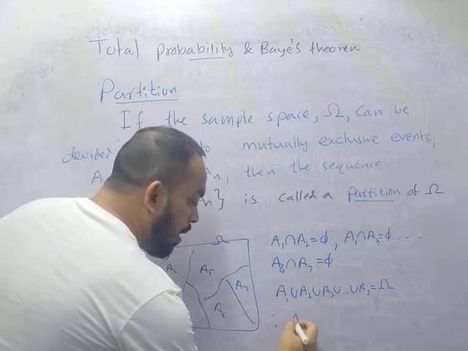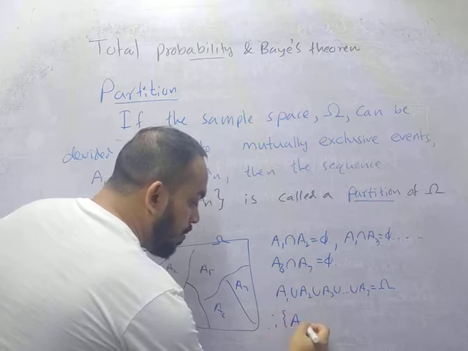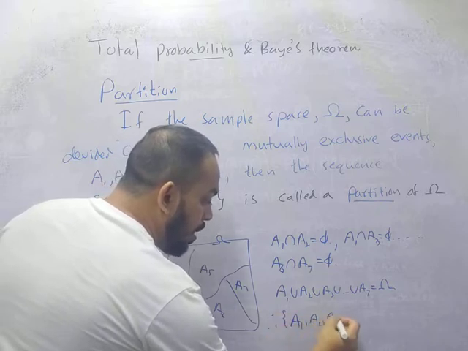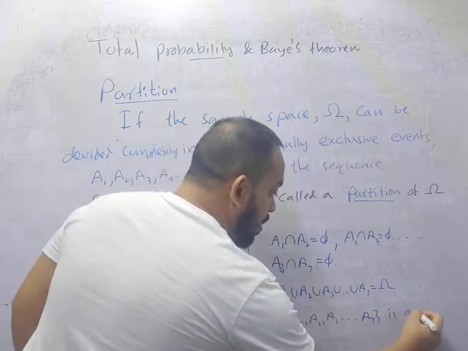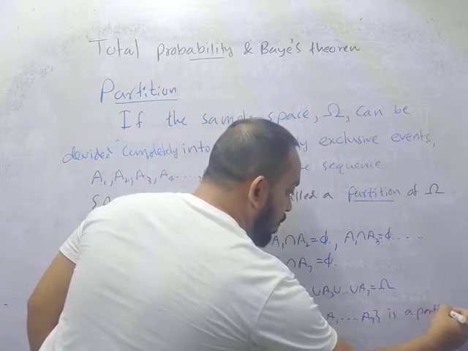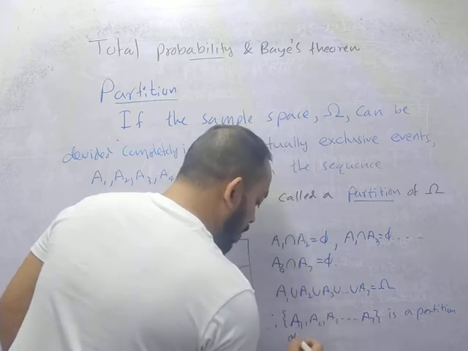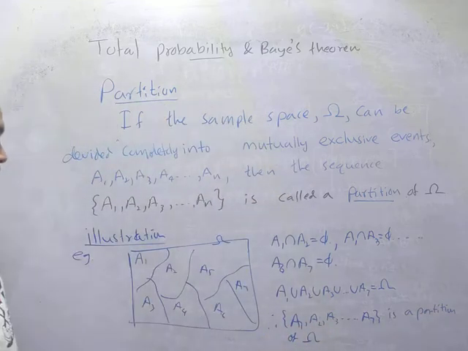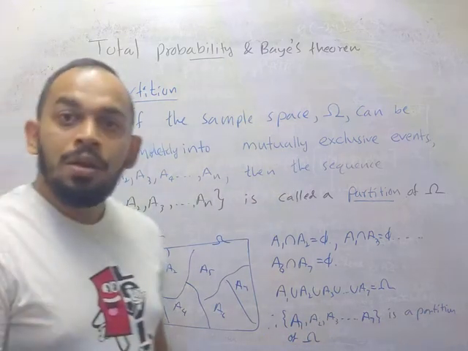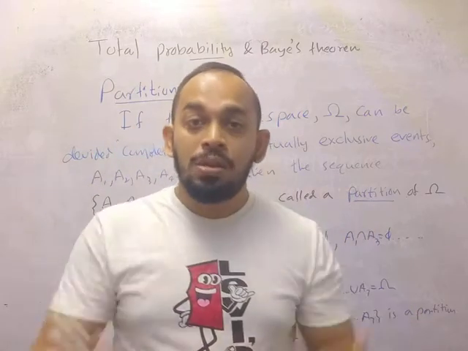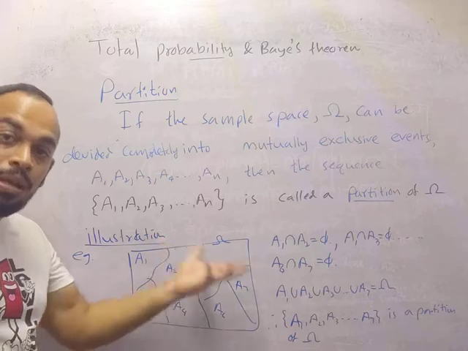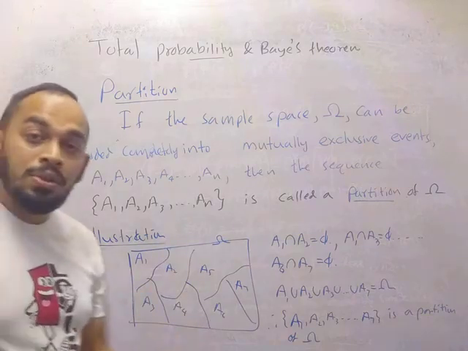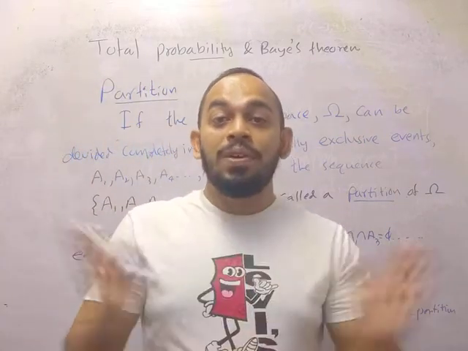Therefore this sequence A1, A2, A3 up to A7 is a partition of the sample space. We can divide this into 3 parts also, maybe 3 equal parts, or I can divide it into n parts, or even into infinite parts.